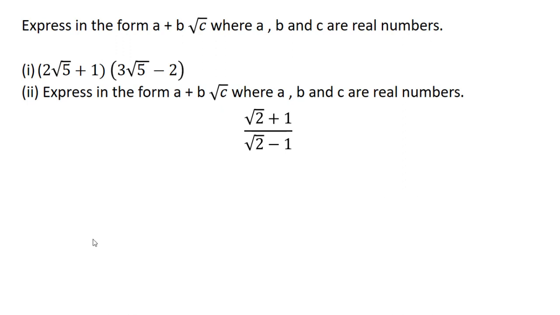Let's quickly look at this next question. I'm going to write the solution. Express in the form a plus b square root c, where a, b, and c are real numbers.